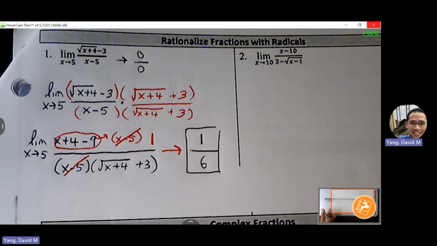So here's a little bit different. The radical is in the denominator, so you're going to try to clean up that denominator, but you're going to leave the numerator alone because you know that x minus 10 is what eventually you want to pair up and go away.